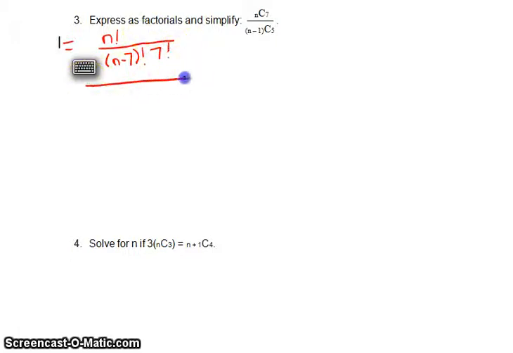And that's going to be divided by n minus 1 combination 5, so that'll be n minus 1 factorial, divided by n minus 1 minus r, which is 5, factorial, and then multiplied with 5 factorial, and then we can solve from here.